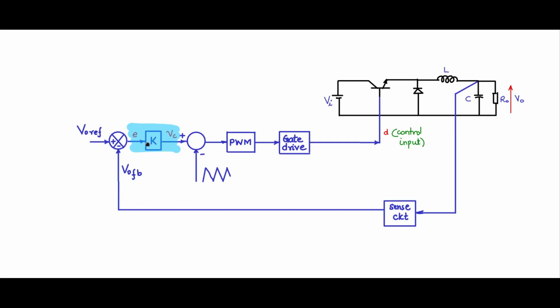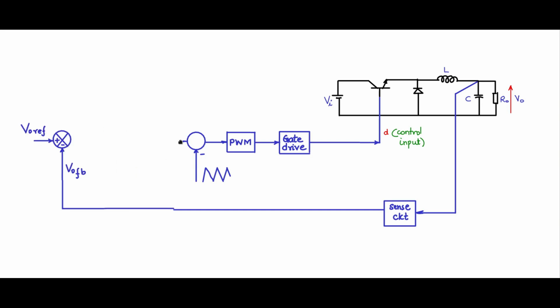K is nothing but the PI controller, and this PI controller is handling the entire large signal swing of V0. Now I will remove that because I need to include the feed forward portion also apart from PI. Let me extend that, make the connection, and here I will include the PI controller.